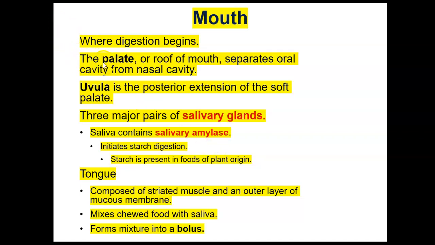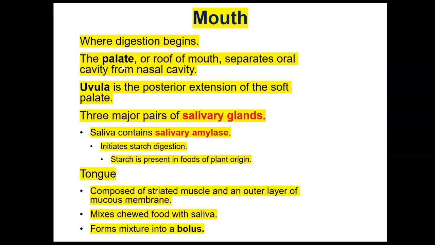So going back up in the notes, the roof of the mouth is called the palate. The soft palate is more toward your throat, and the hard palate is formed from the palatine bones, which are skull bones, and is closer to your teeth. The roof of your mouth that's made of bone tissue is harder.